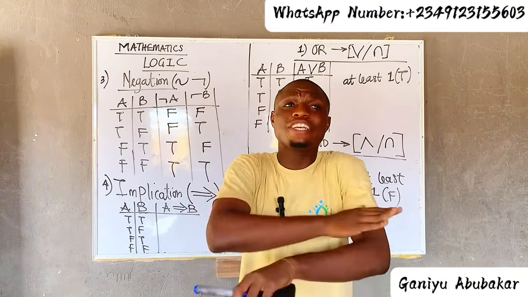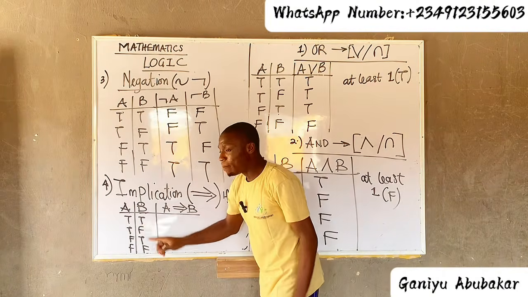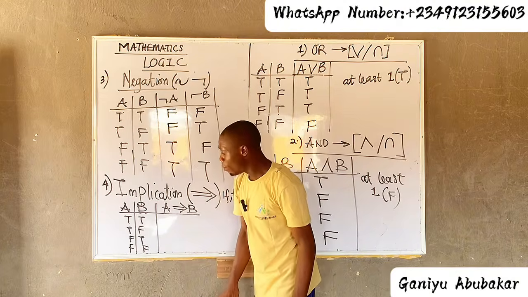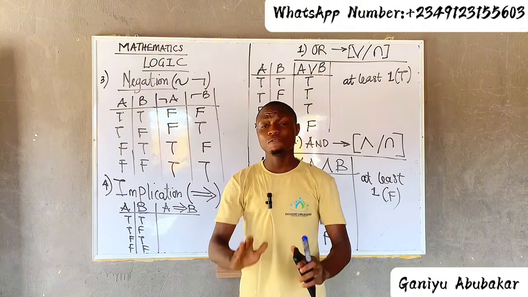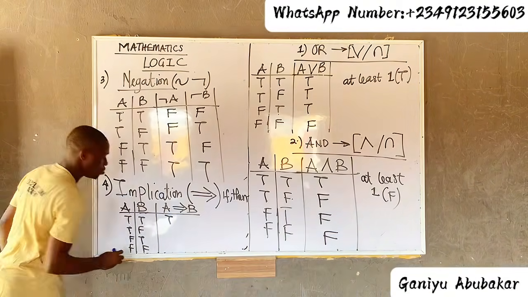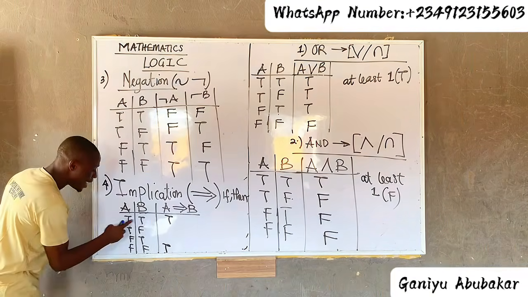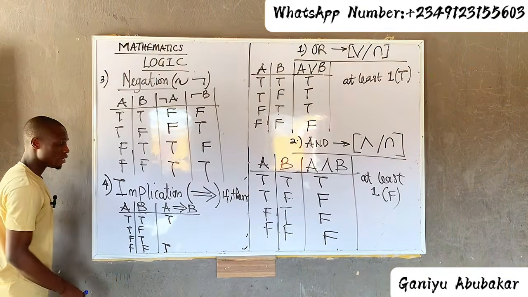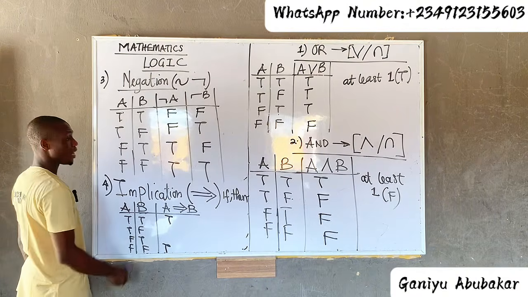False, false, my answer is true. What do I mean? If I'm having the same values, my answer is true. But if I'm having different values, what will be your answer? If I'm having true, false, what is my answer? False, true, what is my answer?